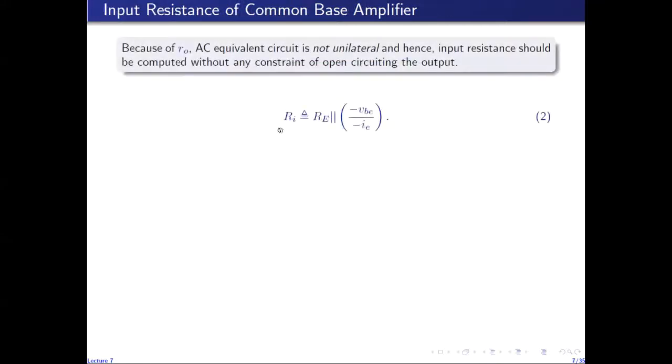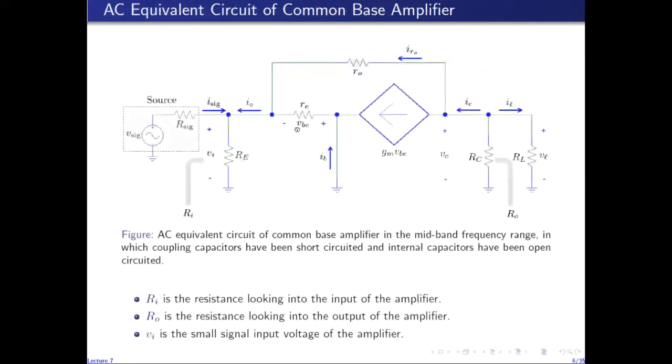So Ri here, just like we did in the case of the common emitter amplifier, can be thought of as the resistance which is Re in parallel with the resistance seen looking into this side of the amplifier. So you can think of this emitter node after Re and this ground node as another port.